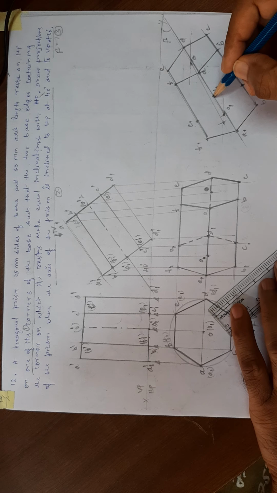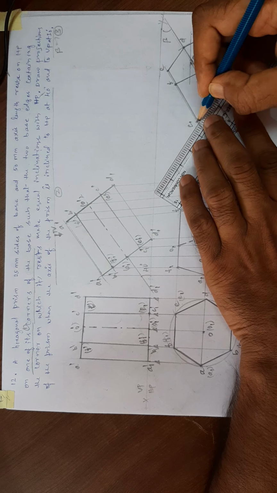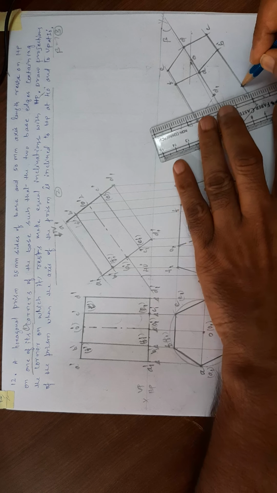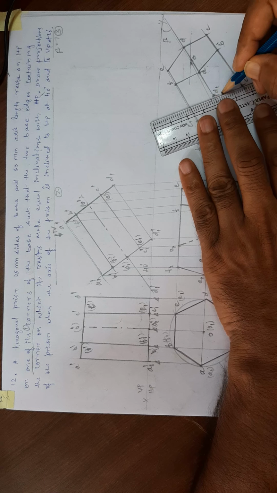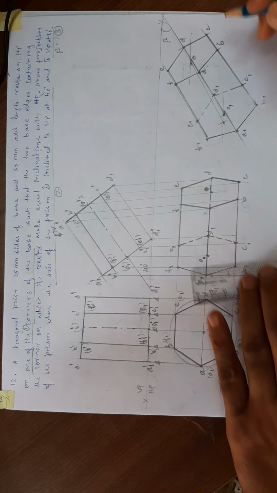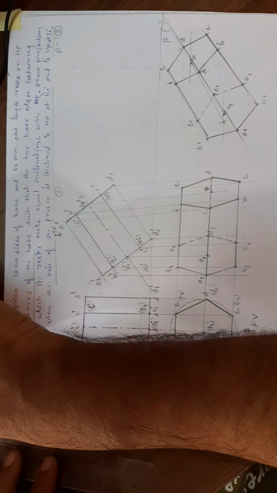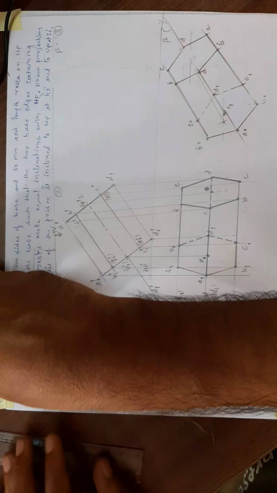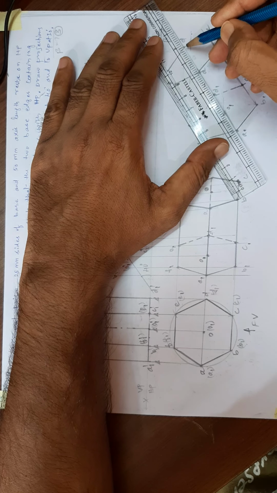And D1 to E is a dotted line, and D1C1 is a dotted line. Okay, and this one is dotted. D1 to D is also a dotted line.